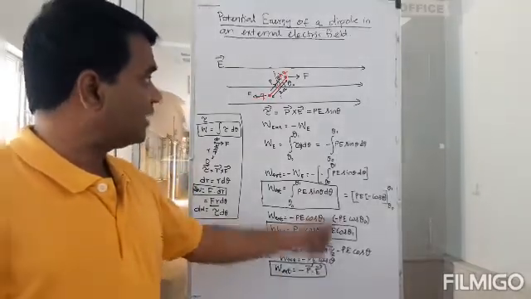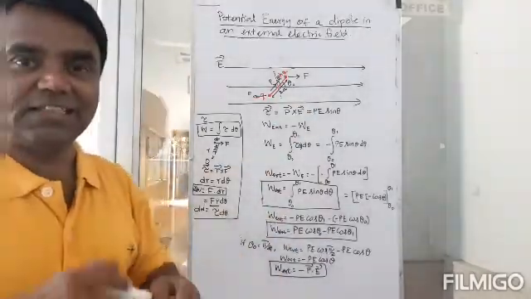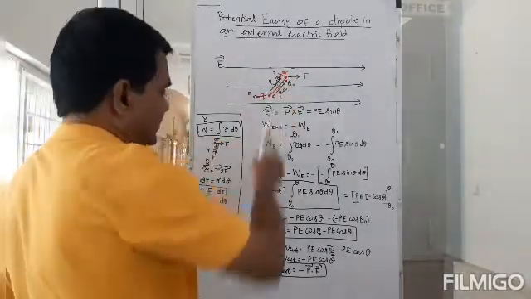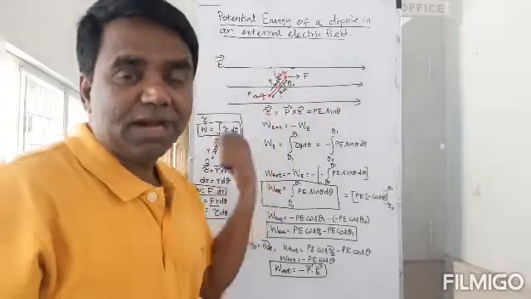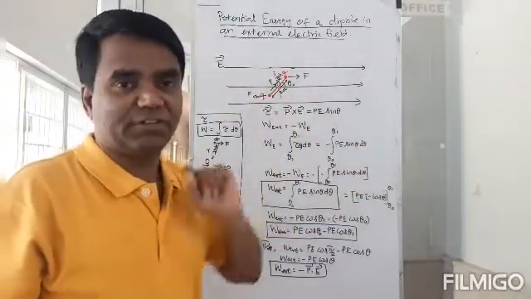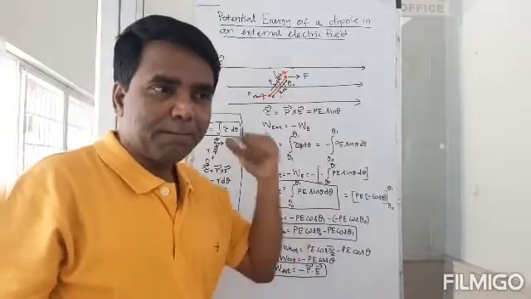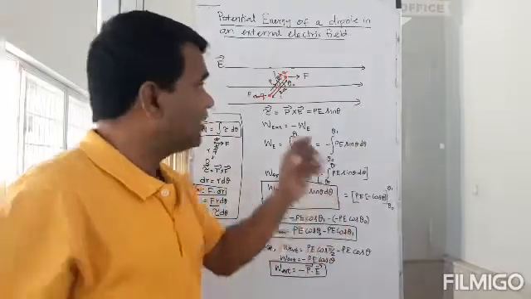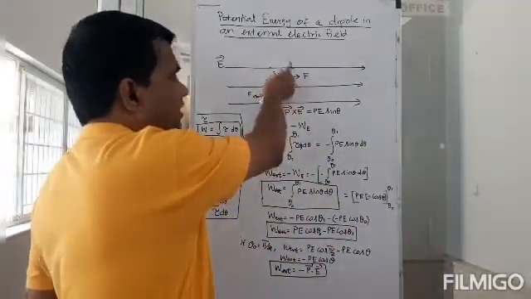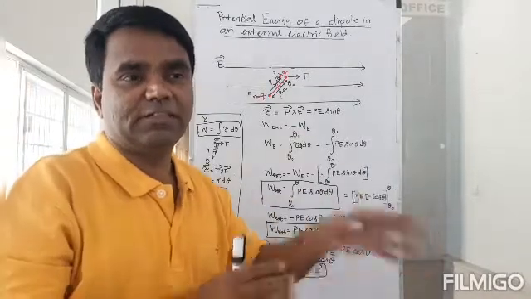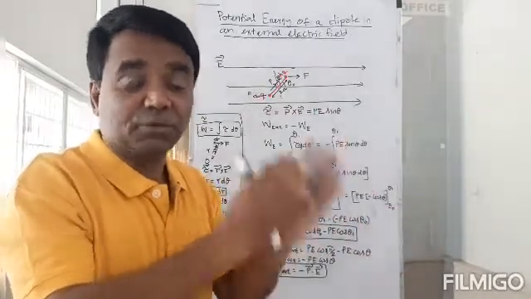So for any angle I can find the potential energy. I can assign any potential energy. For example, 30 degrees is going to be minus P cos 30. That's the potential energy at that point. 60 degrees, minus P cos 60. That is the potential energy at that angle. 45 degrees, minus P cos 45.